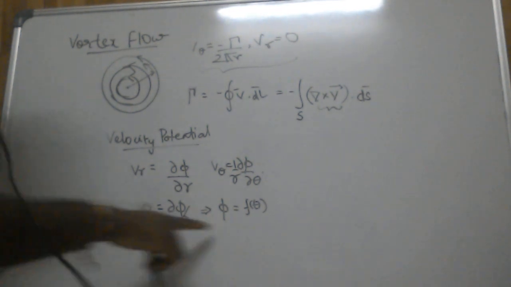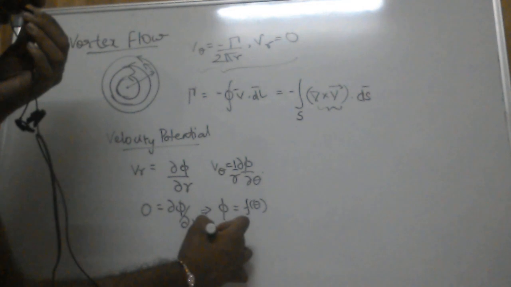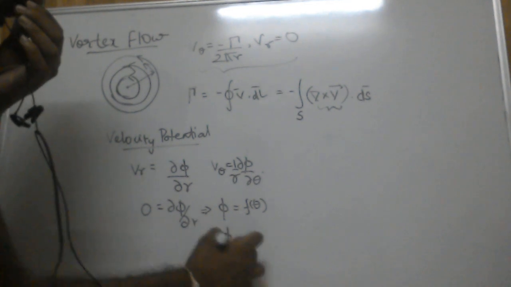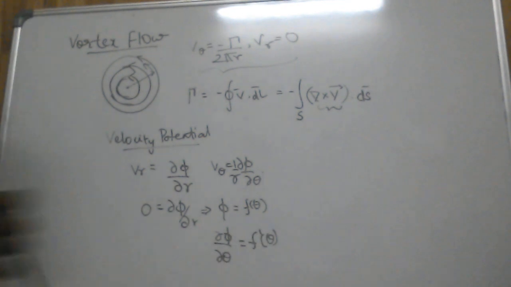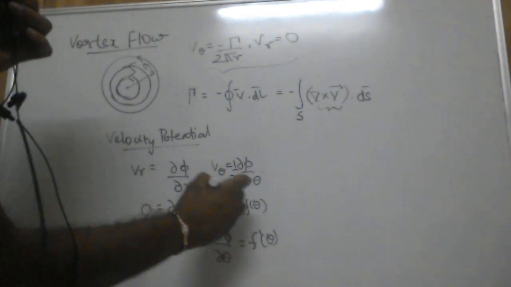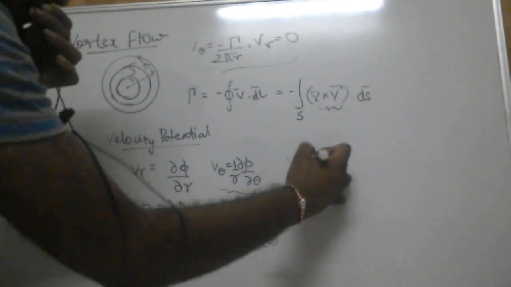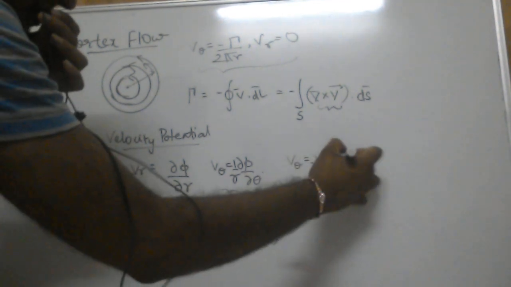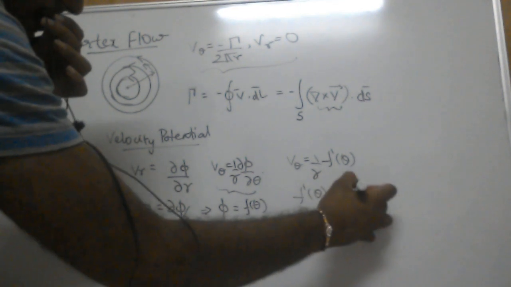Now let's differentiate this phi with respect to theta. So we get dou phi by dou theta is f prime of theta, where prime indicates differentiation with respect to theta, right? So now we plug this into this equation, that is V theta is equal to 1 by r f prime of theta, and therefore f prime of theta is r into V theta.